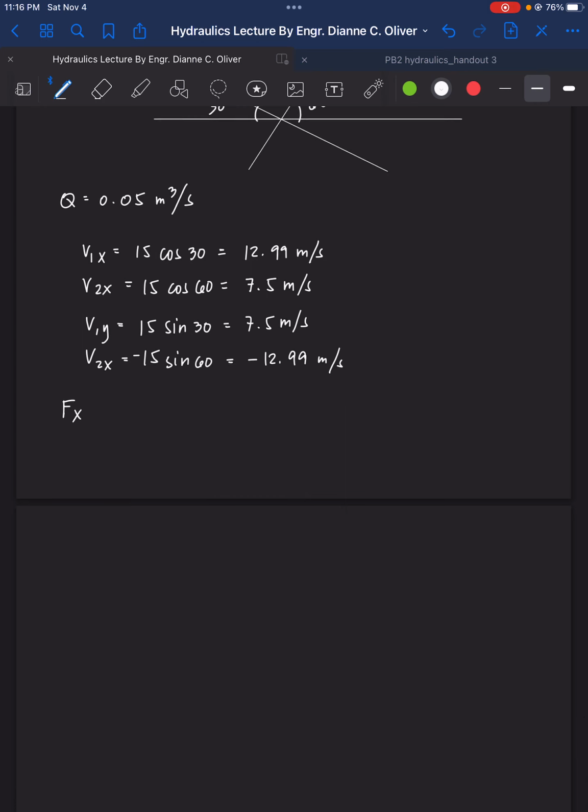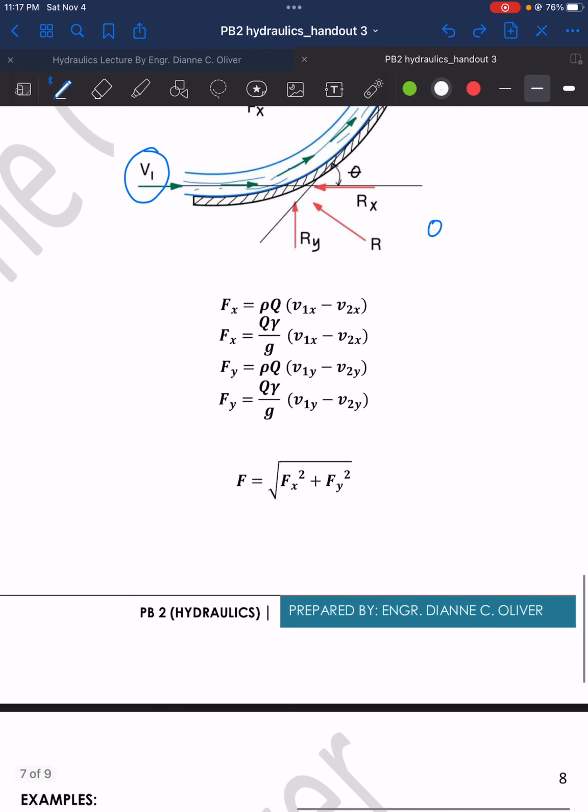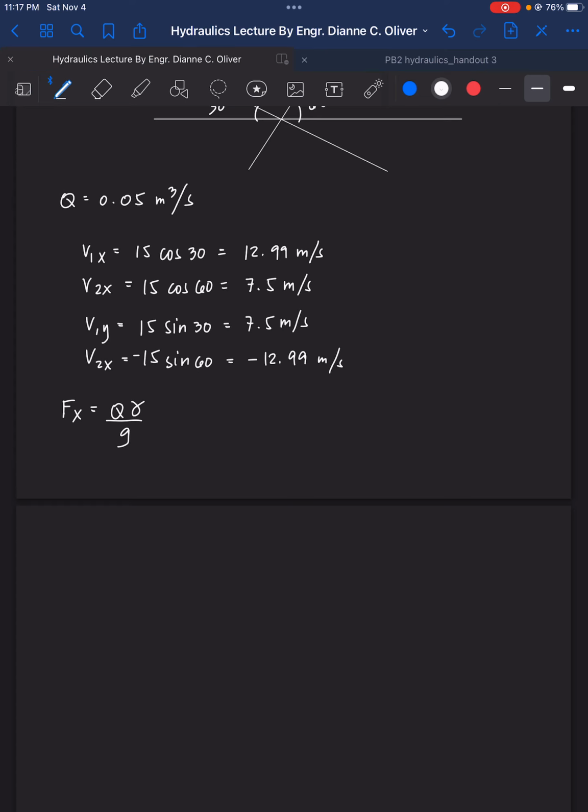So Fx is equal to Q gamma over g. This is the other formula, the second one, so do not be confused here. Then this is V1x minus V2x.